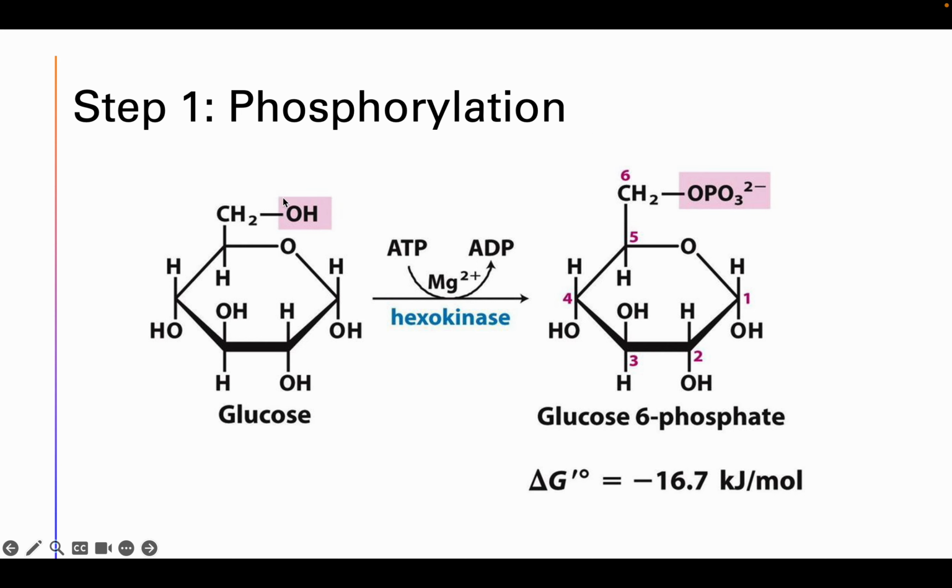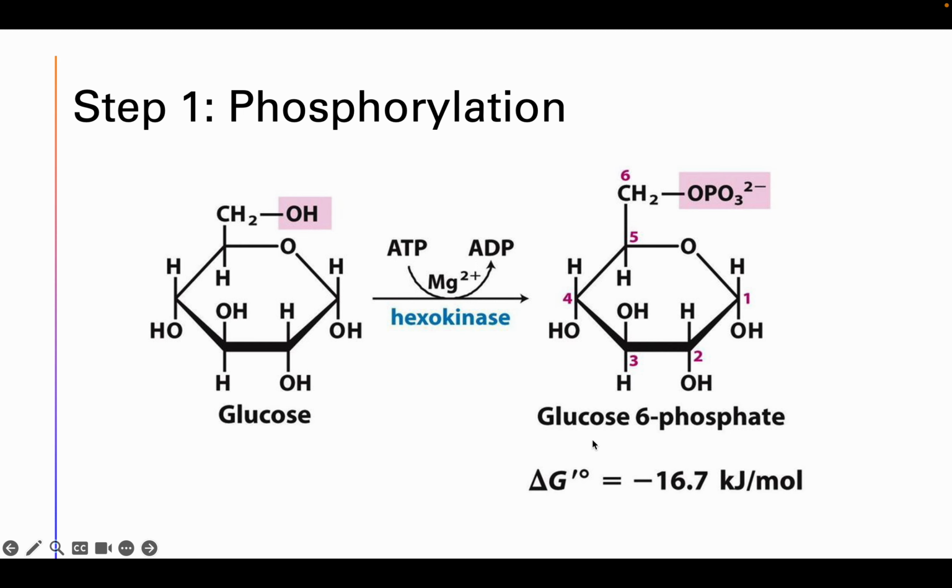At the sixth carbon there is an OH, and the H is replaced by the phosphate group. So it forms glucose 6 phosphate, and this reaction is irreversible, which means it can go only in one direction. It is always forward.